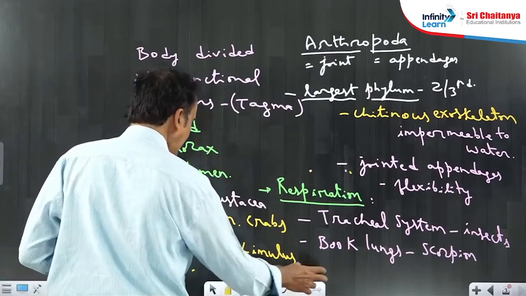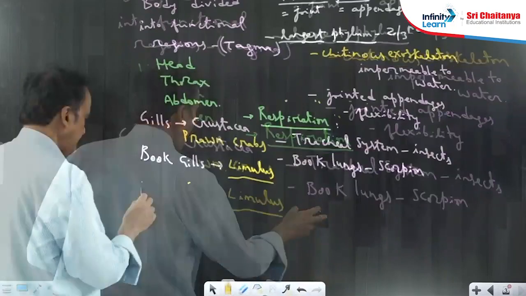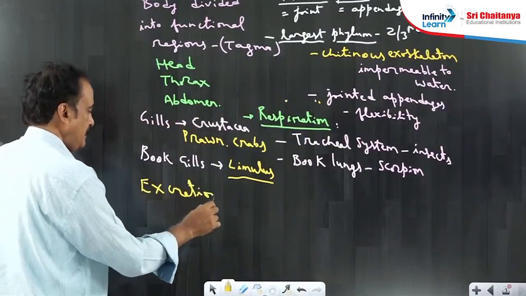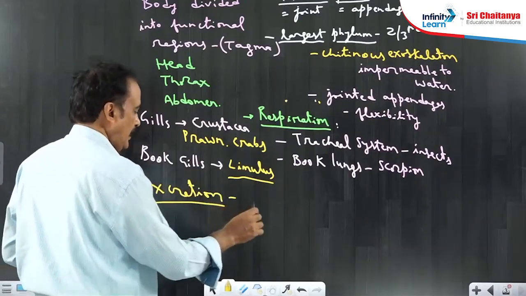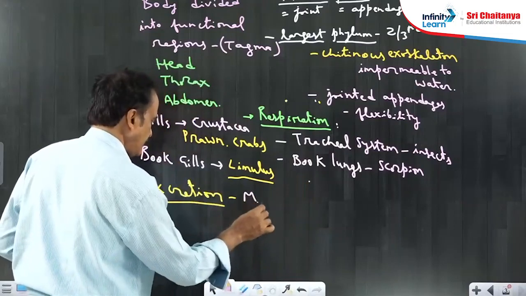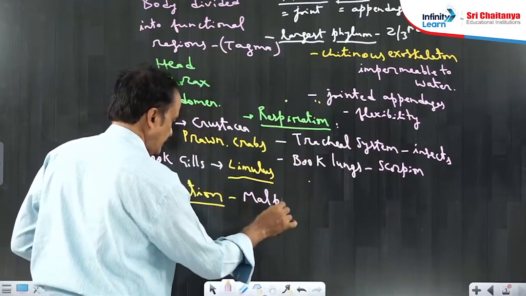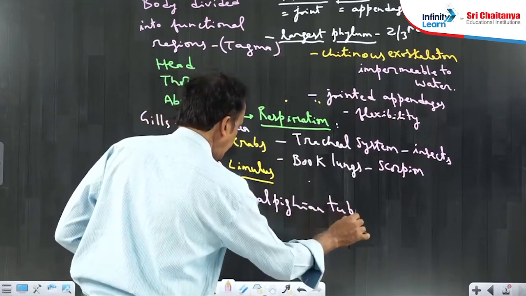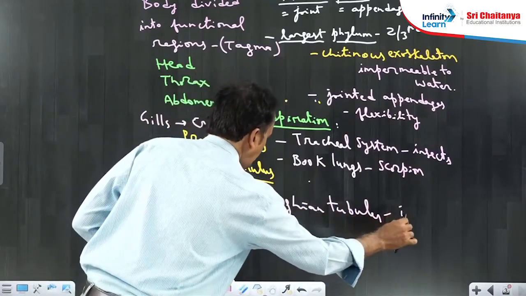And when it comes to the excretion, excretion in this phylum is also special. It is with the help of the Malpighian tubules in case of insects like cockroach.